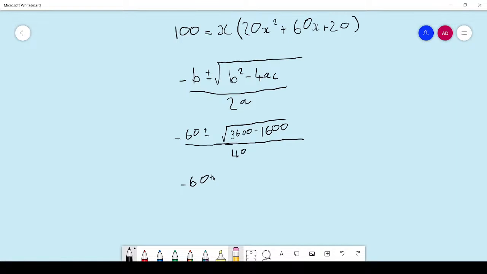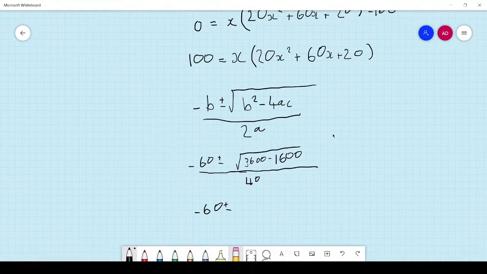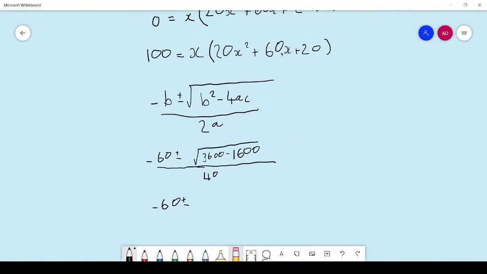What does this leave us with? Plus minus, so 3600 minus 1600. I will punch that in on the calculator just to double check I'm not wrong. So 60 squared is 3600, 4 times 20 times 20 is 1600, so square root 2000, and I'm just going to go ahead and plug this whole thing into my calculator.